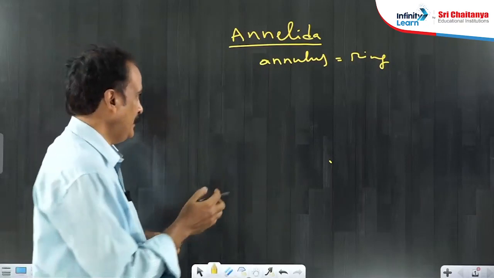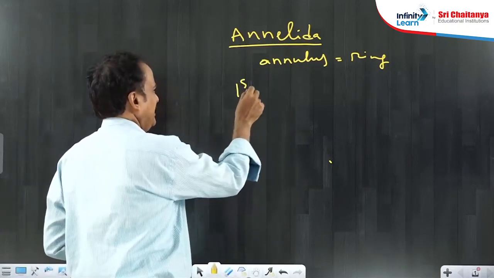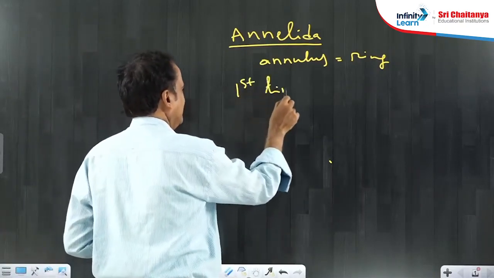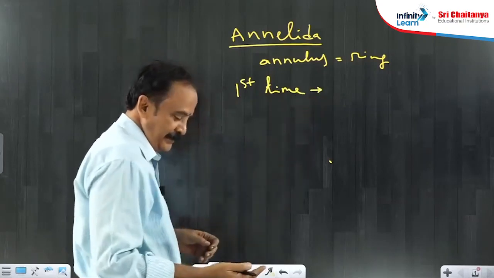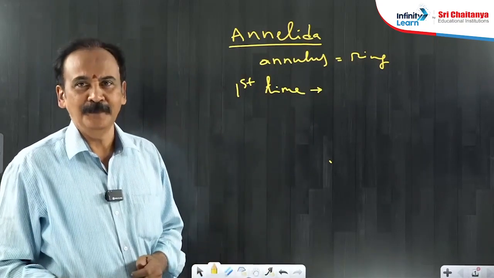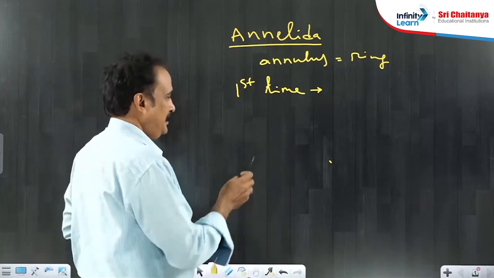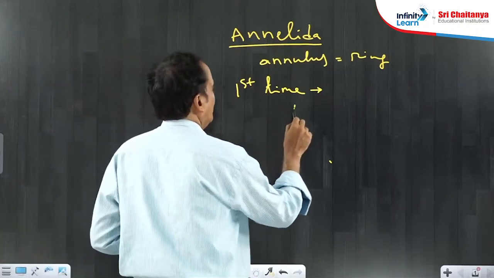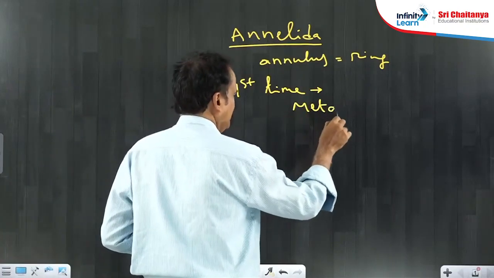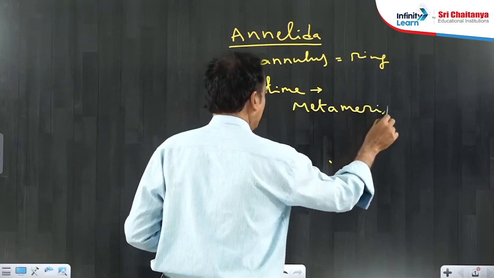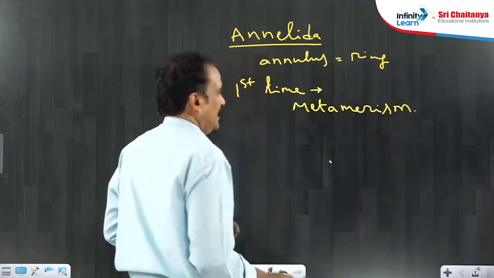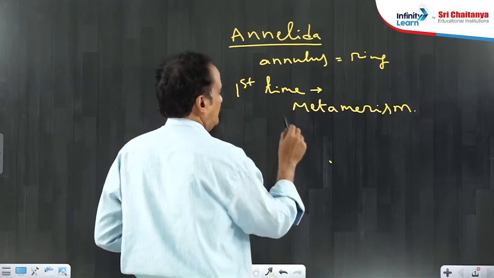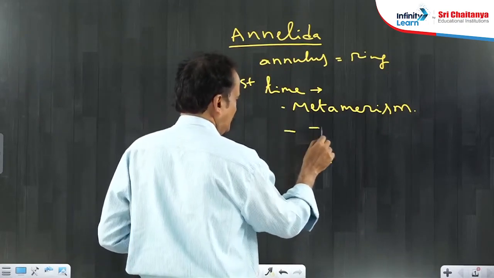This phylum has, for the first time in the animal kingdom, certain characters developed. This is the phylum to develop metamerism. This is the first phylum to develop a real coelom.